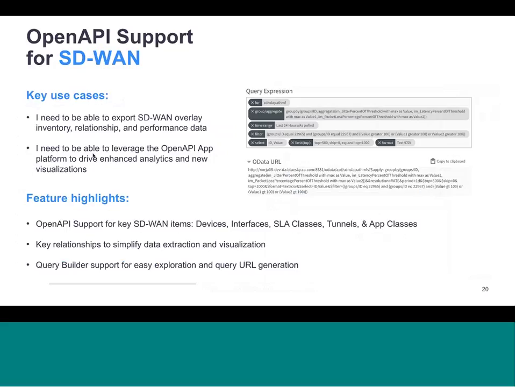Being able to do that in a single query, and then either taking that data as is or programmatically using that in an application or as a data export to another tool for visualization or further analysis. We make it super easy now by adding in, again, all of those SD-WAN relationships with aggregation capabilities that are going to allow you to do very interesting queries to really drive that understanding deeper of your SD-WAN technologies.